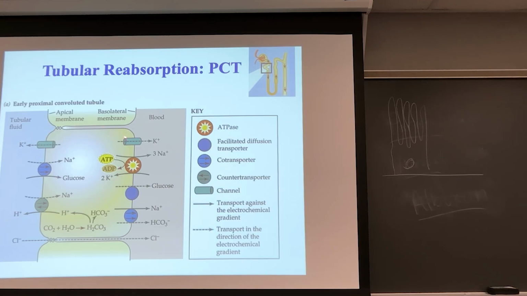You have potassium leakage channels on both ends, and it is whether it's high in the tubular fluid or high in the blood that drives which way it moves. Does that make sense? Urea is the same exact way. Urea will have leakage channels on both ends. So if you're producing a lot of urea, it'll end up in the tubular fluid. If you're not producing any urea, any that enters the filtrate will enter back into the blood. And so it can move pretty freely.